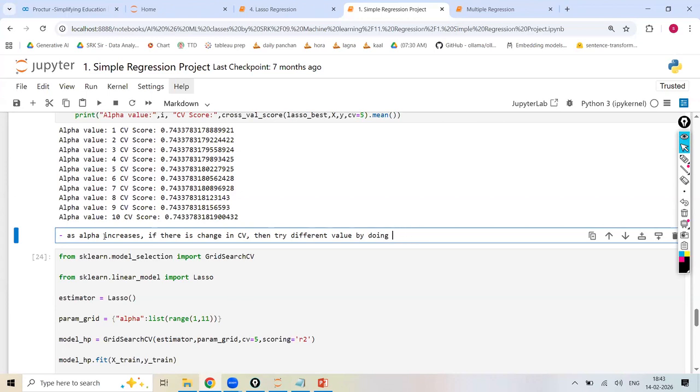That is by applying grid search CV. Try different alpha values by applying grid search CV. What we have done in the last class.